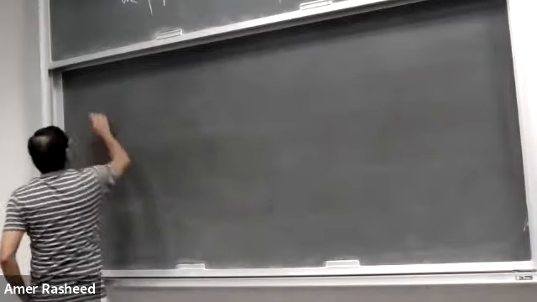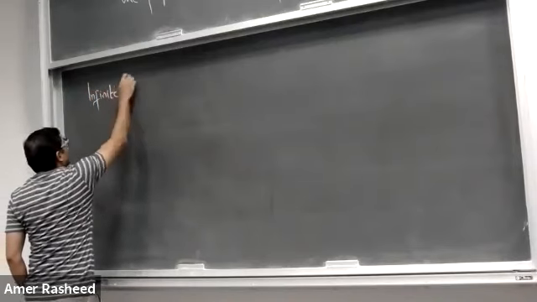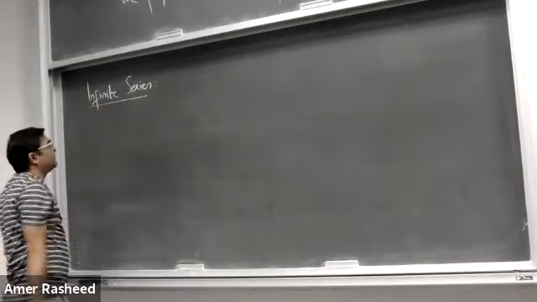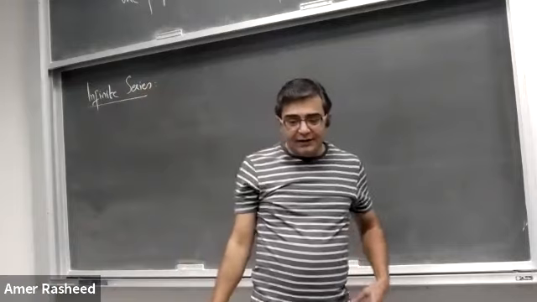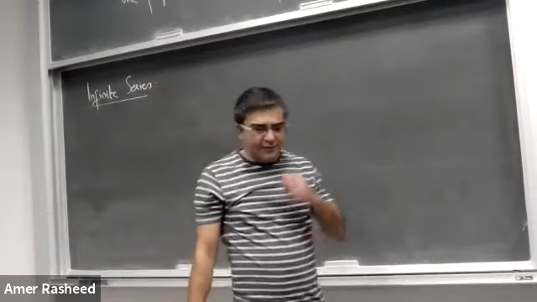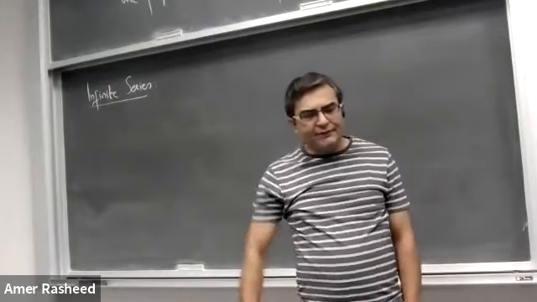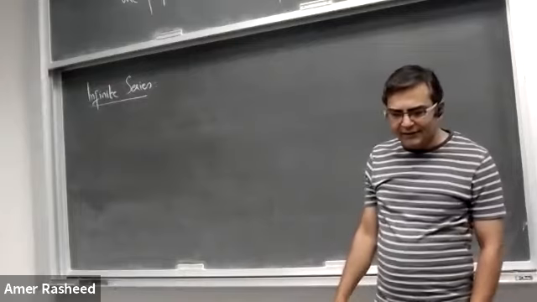So, infinite series. What is an infinite series? You must have studied already what a sequence is and then what a series is. So let me give you a brief overview of sequences and series.